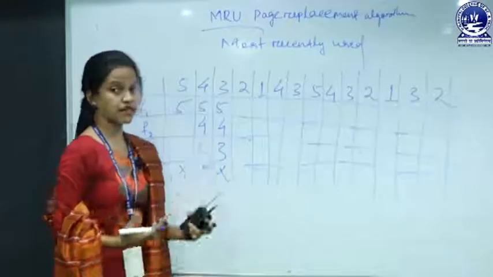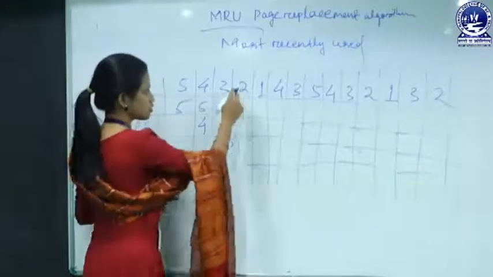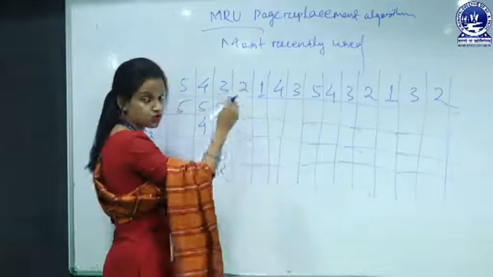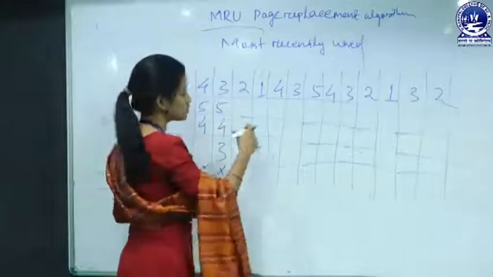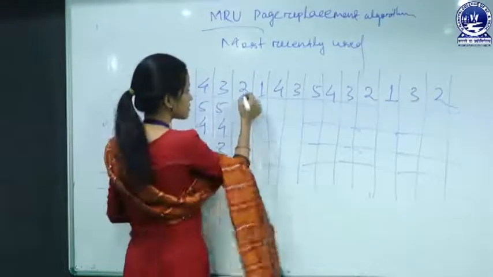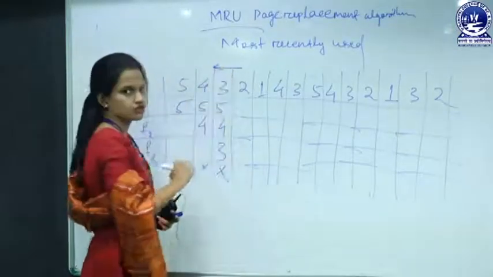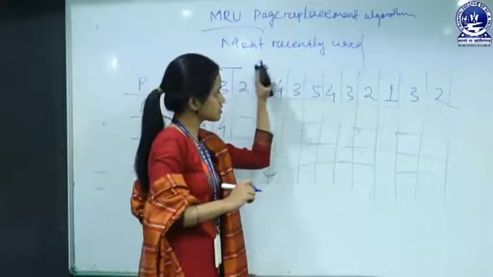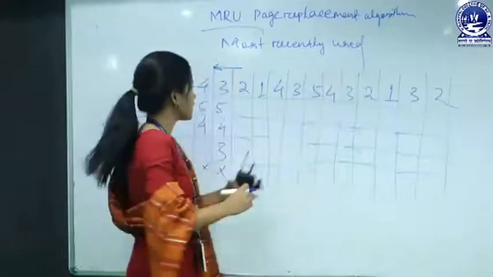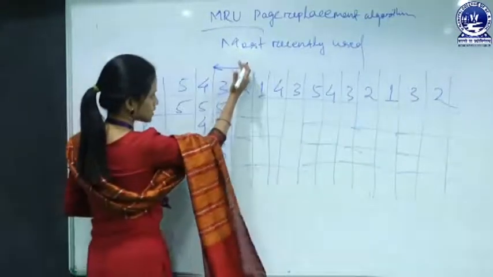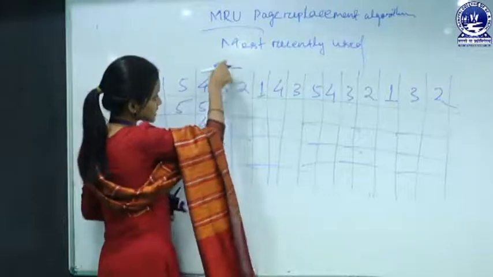Now we have to replace the recently used page, so the page which will be swapped into main memory is this 2. We traverse from this side, not that side, that is the futuristic optimal page replacement, and here we just look for the recently used.